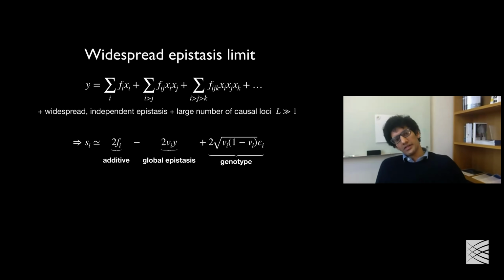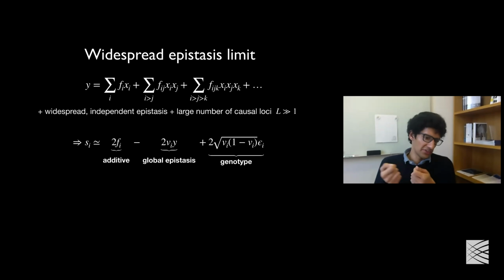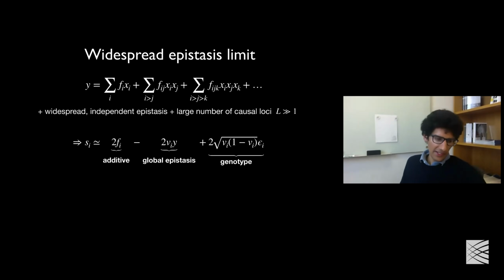If you take this very general representation and make a very specific hypothesis, that there is plenty of epistasis, that many of these epistatic terms are non-zero but also independent, with no structural relationships between the different epistasis terms, and that a large number of loci contribute towards the trait, then quite generically the fitness effect of a mutation can be split into 3 different terms.